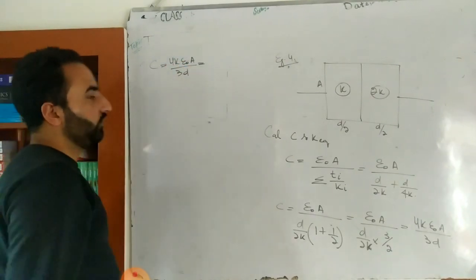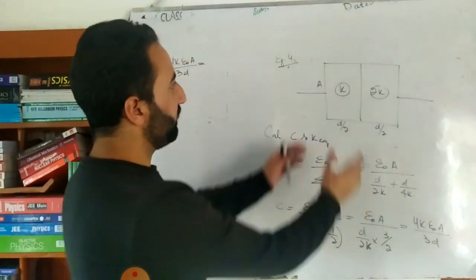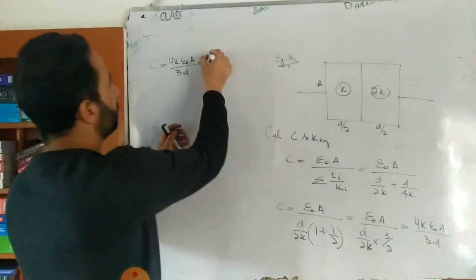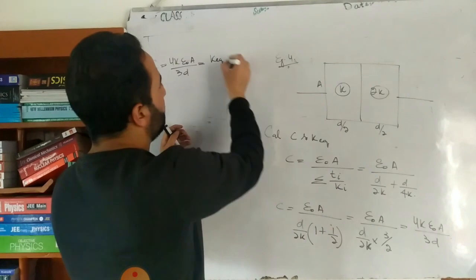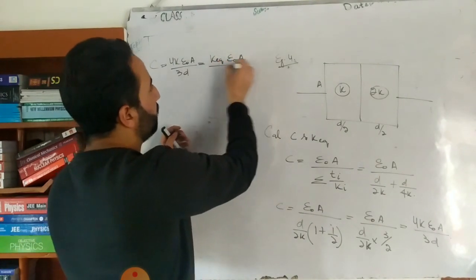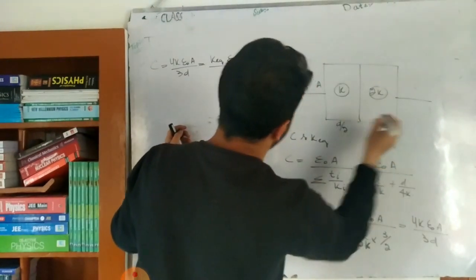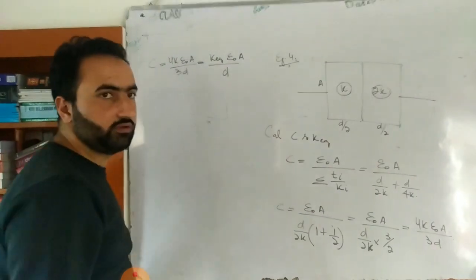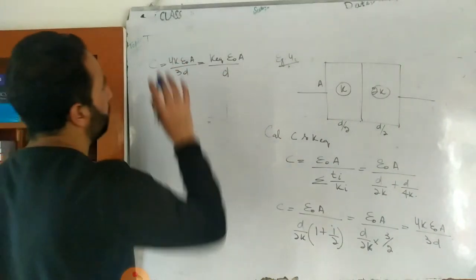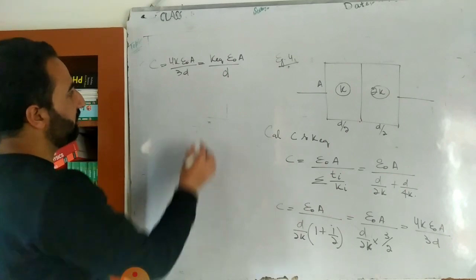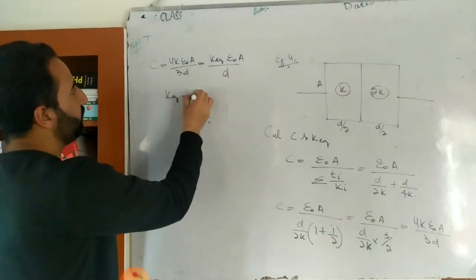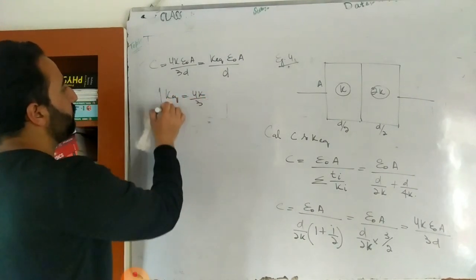Suppose there is one dielectric whose dielectric constant is K equivalent, so the capacitance is K equivalent multiplied by epsilon 0 A divided by the net width. Net width will be d by 2 plus d by 2, that's equal to d. Now epsilon 0 A by d will cancel, so we are left with K equivalent simply equal to 4K divided by 3. So that's the answer.